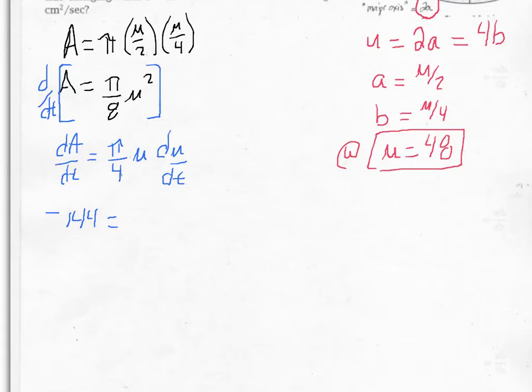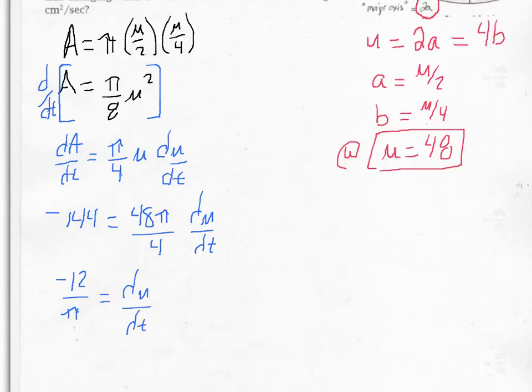This is equal to 48 pi over 4 du/dt. And now I'm just going to divide both sides by 48 pi over 4, and I get my answer, which is negative 12 over pi for du/dt, and the units on this are centimeters per second.